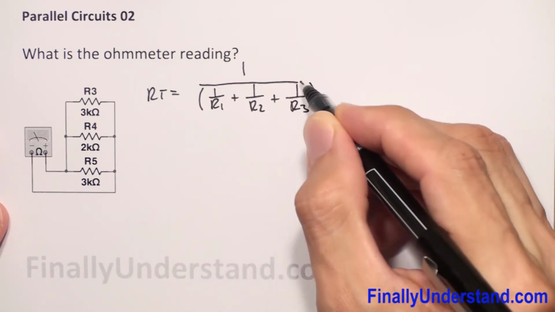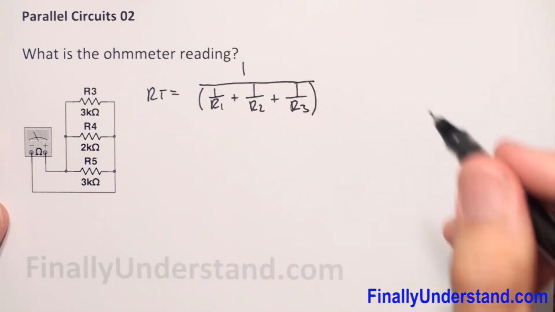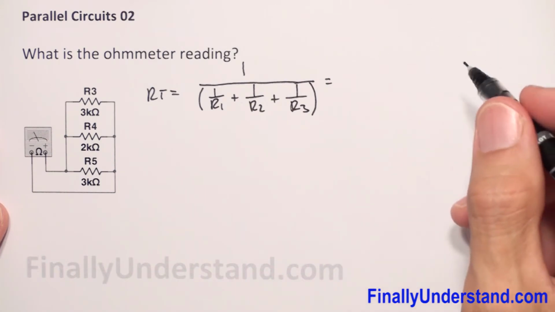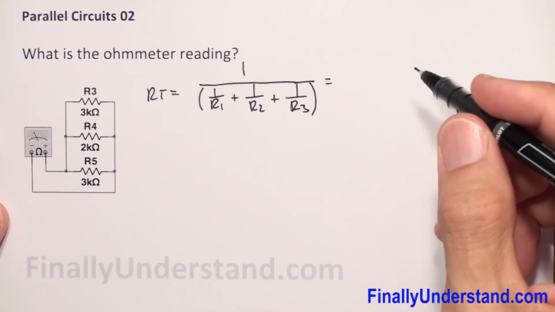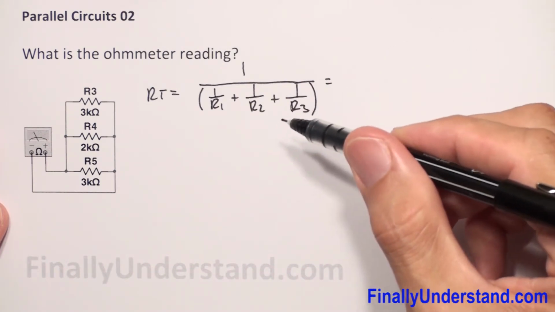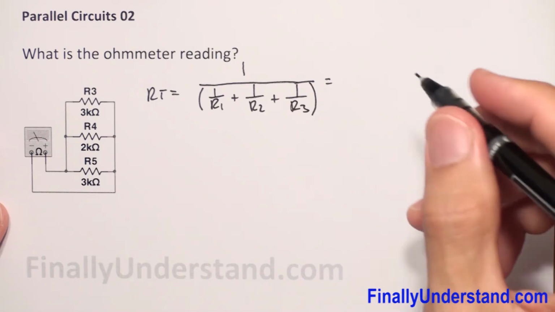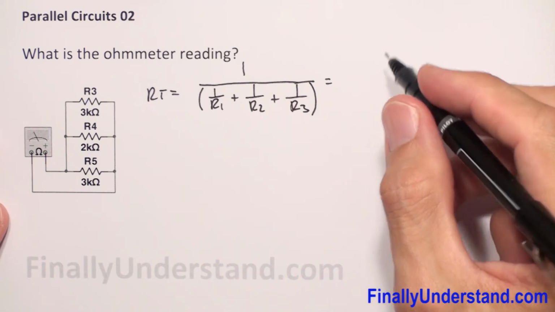I use this formula for the circuits, parallel circuits, which have more than 2 resistors. Okay, I can use also for the circuits which have 2 resistors, but most of the time I use this formula for the circuits which have more than 2 resistors.